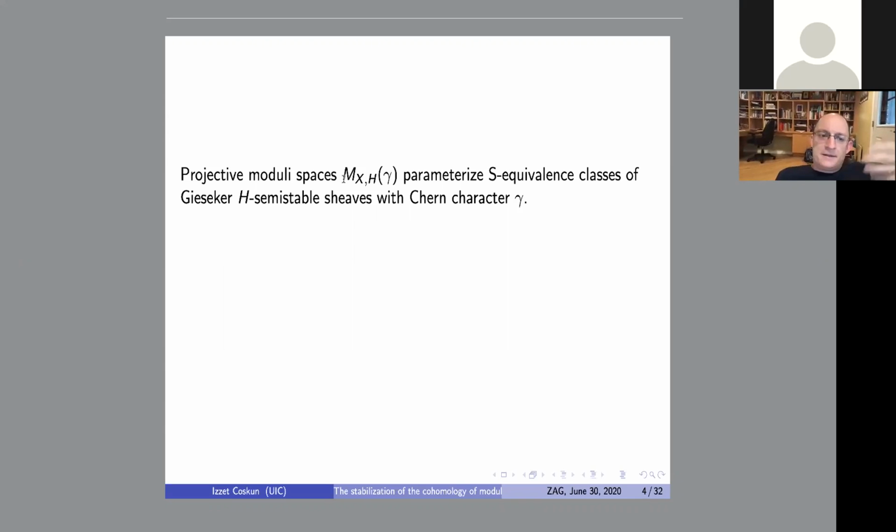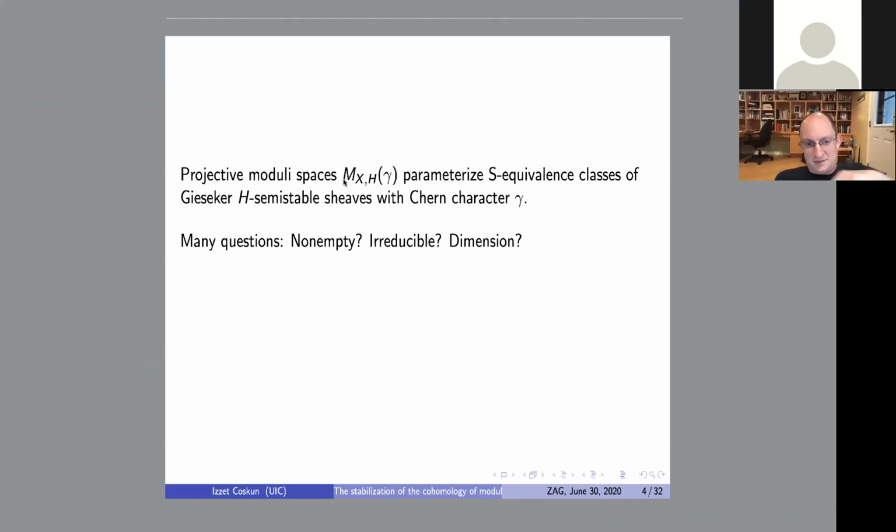And then the natural questions that arise when you have these moduli spaces: when are they non-empty? When are they irreducible? What's their dimension? And the types of answers that we have to these kinds of questions come in two forms. We know this sort of asymptotically.